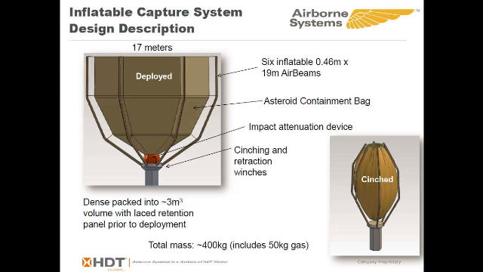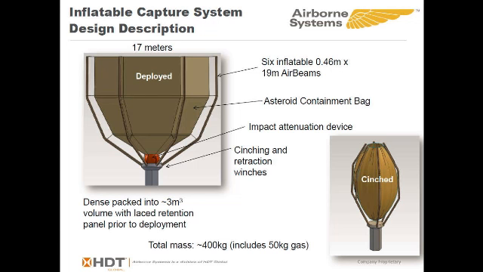We've included an impact attenuation device at the lower end that once you contain the asteroid and pull it into the spacecraft, that would mitigate any kind of impact loads to the spacecraft. And then in the base of this would be housed cinching motors, possibly 3 of those, and the inflation system, which would consist of nitrogen gas.